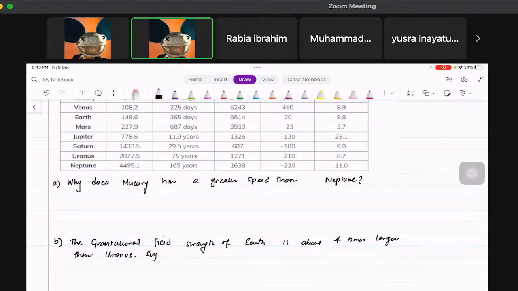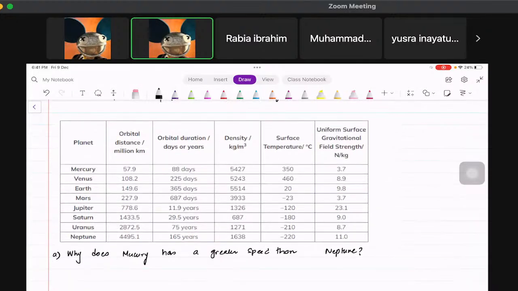Suggest the reason why, although Uranus is larger in size than Earth. All right, look at this and please try to answer these questions. That would be the last thing we're going to do today.